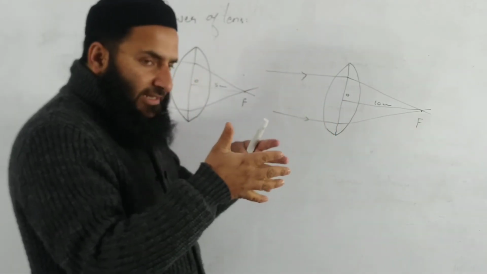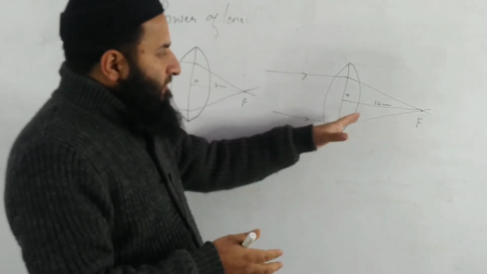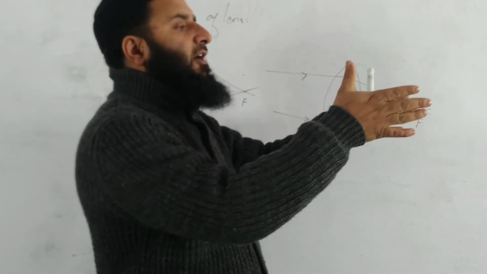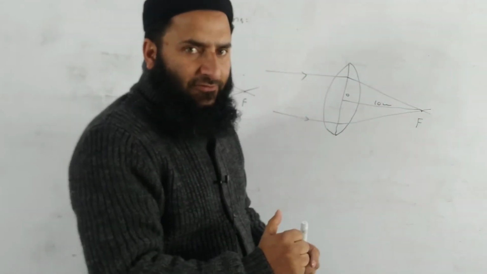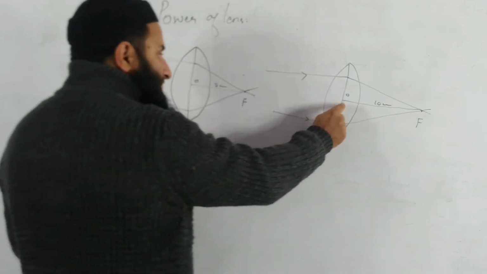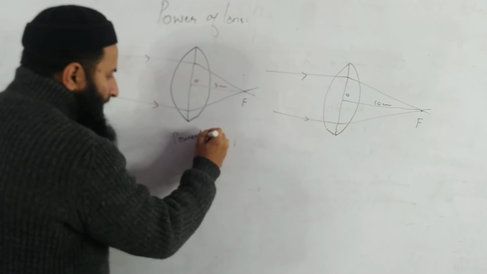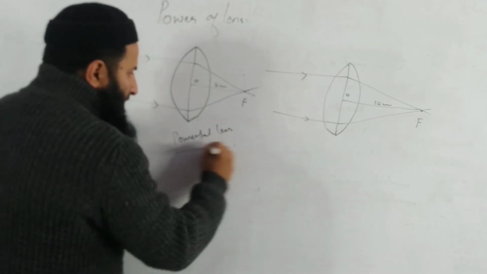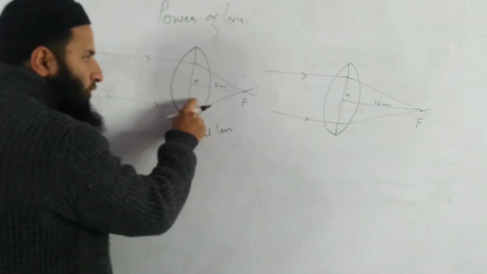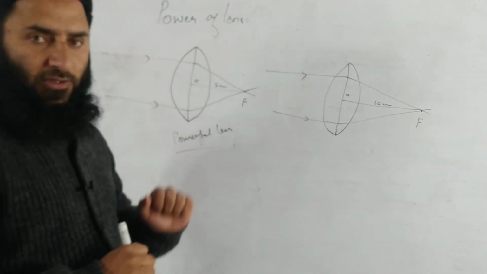That means it has easily converged them or easily intersected them. And in this one, the light rays have covered a good distance, then they have intersected with each other. We say the power of this lens is more compared to this lens. More powerful lens. When these two are compared, this one has more power, this one is less in power than this one.